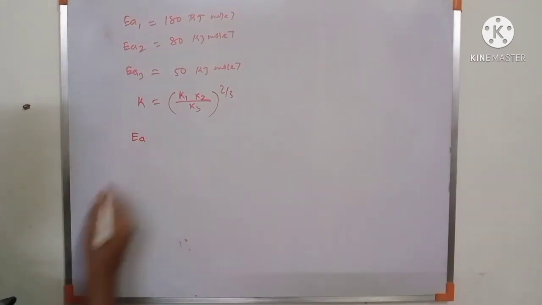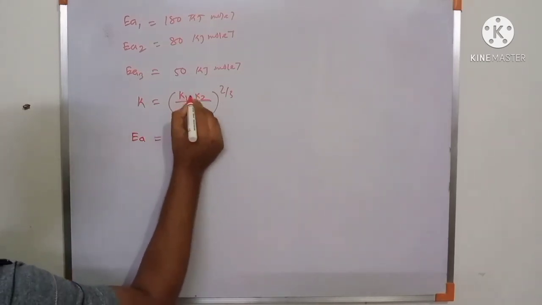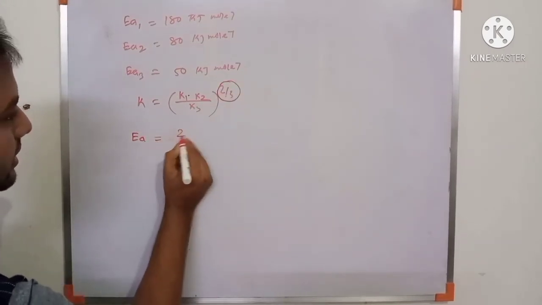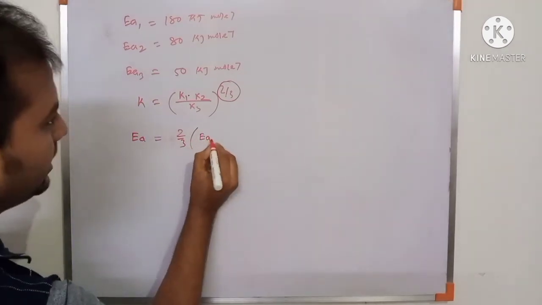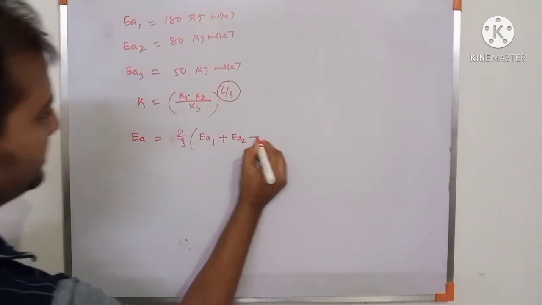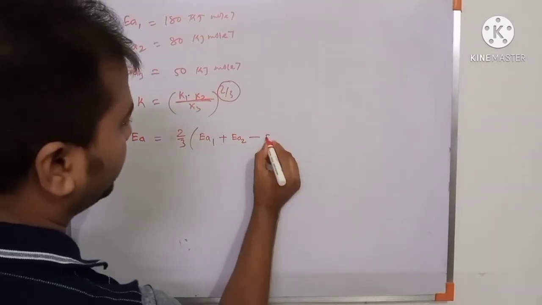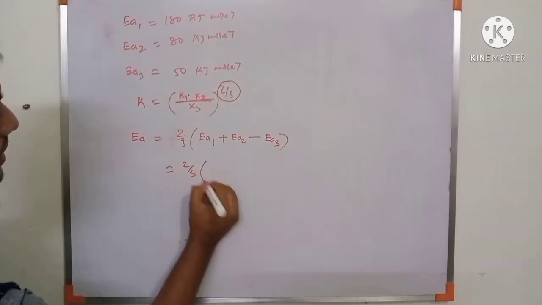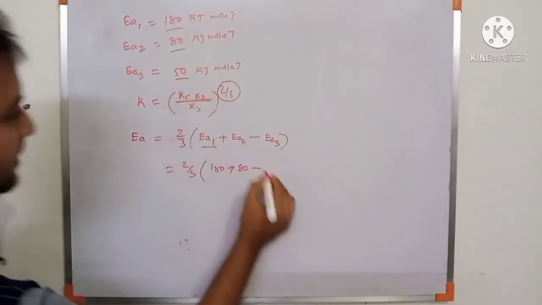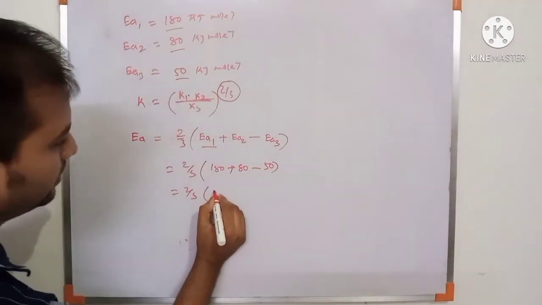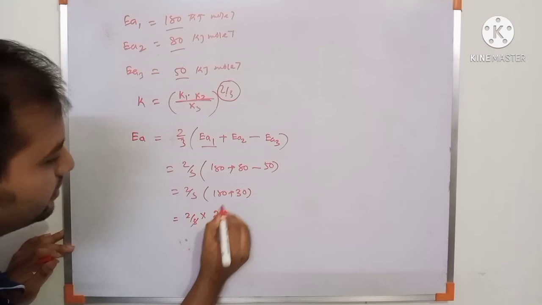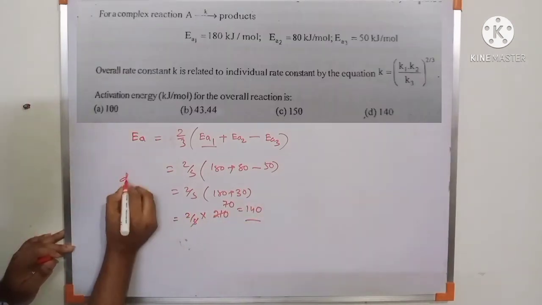We know activation energy EA, this is multiplied and has a power, so 2/3 first into EA1 plus EA2 minus, this is the divided part, EA3. Now 2/3 into 180 plus 80 minus 50, so 2/3 into 180 plus 30, equals 2/3 into 210, equals 140. So option D is the right answer.